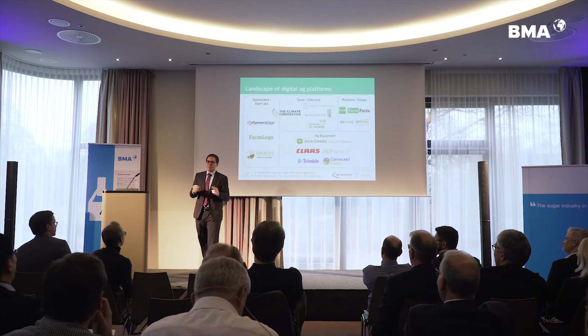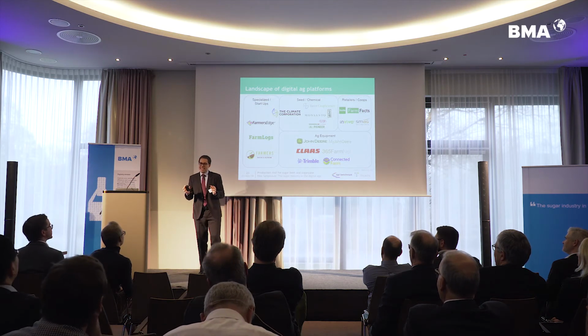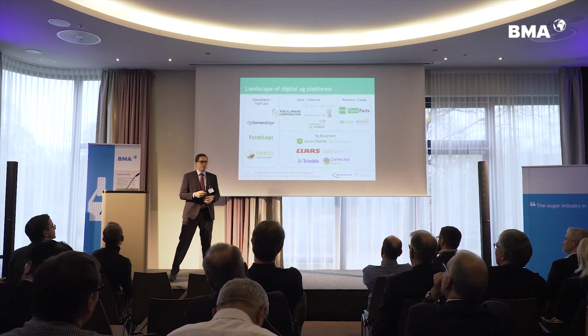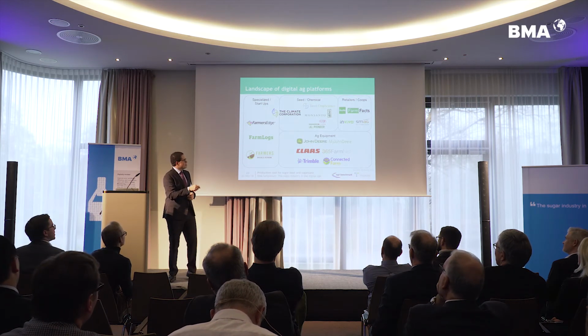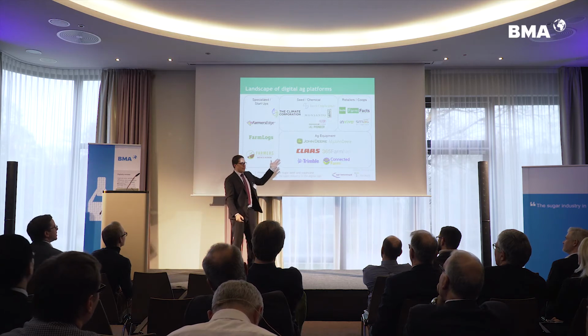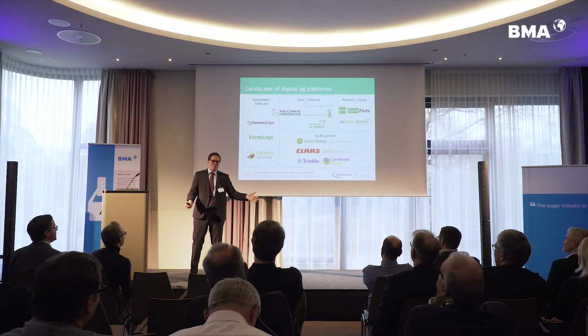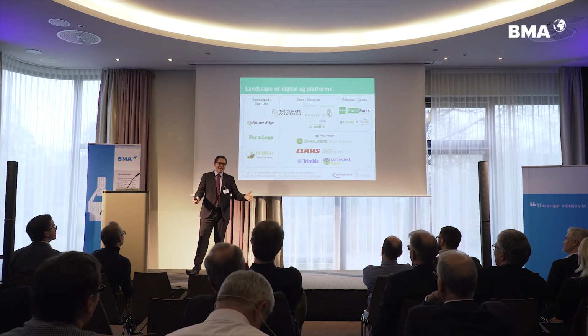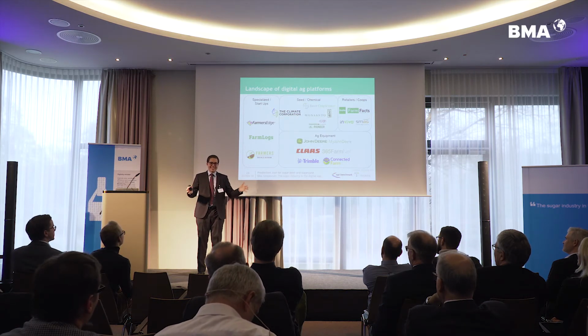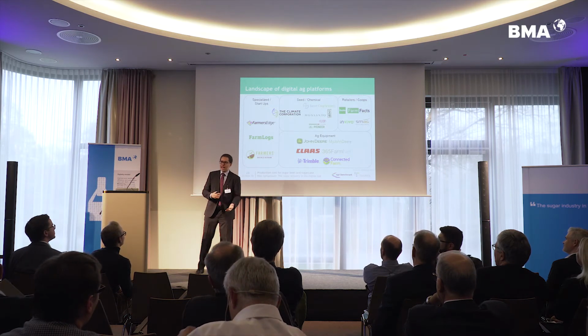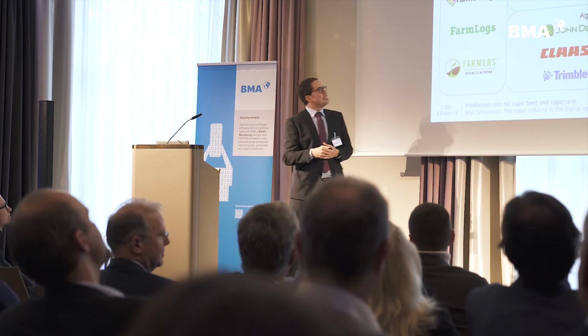The technical part is much easier to code than the trust part. There's a very strong position for farmers here. A very simple example: if John Deere knows exactly what you do, they know exactly how much money you make, and they know exactly how to price the tractors. So it's a really hard decision of how much data to share and how much you can get back.